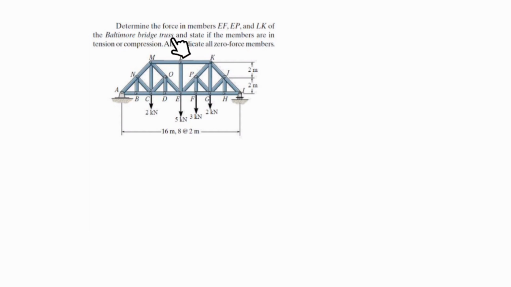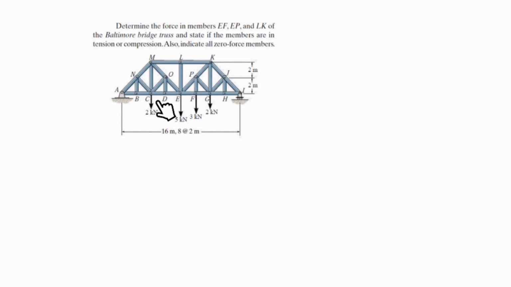As you can see, we have a lot of members, but we need to see how we want to cut this. If it is okay to find three members and cut through them, you don't need to consider the whole structure. It may seem like a very complex problem at the beginning because of a lot of members, but because of having a cut and finding only three unknowns using that, it could be a very simple problem.